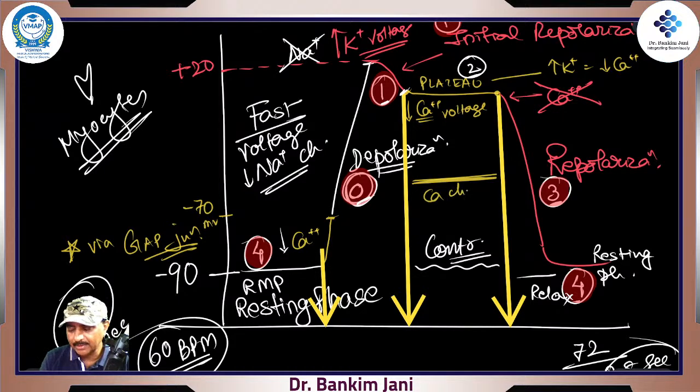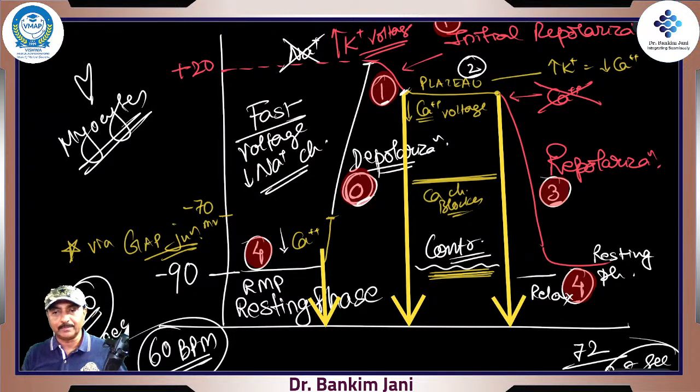Calcium channel blocker or the calcium blocker, right? Simple. Calcium is not allowed or calcium is not utilized. So obviously this contraction won't occur, right? So the heart would slow down, right? Heart would slow down whenever you are using calcium blocker, correct? So this is how it would work.